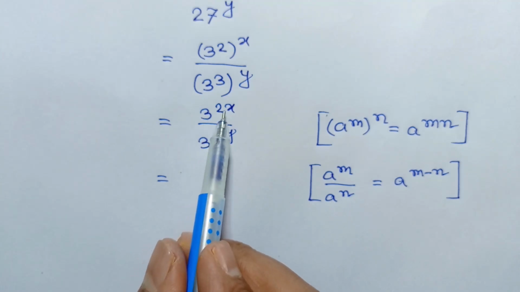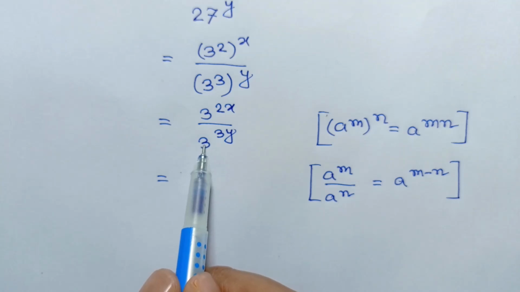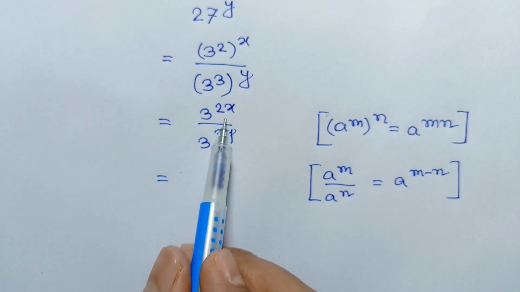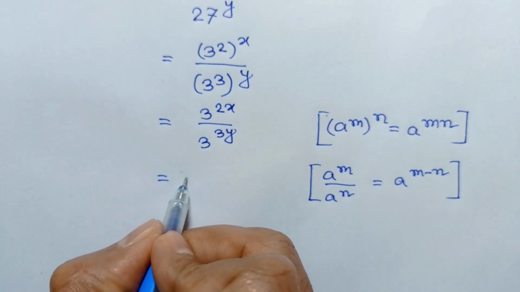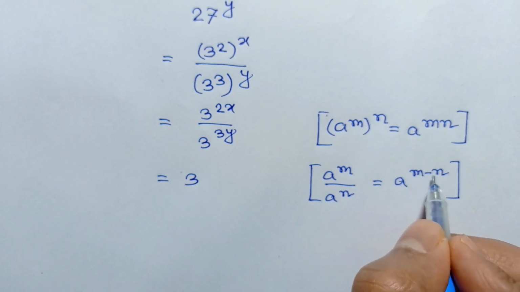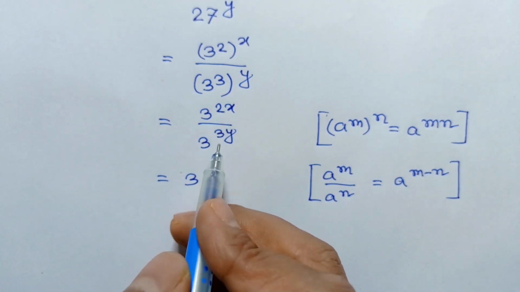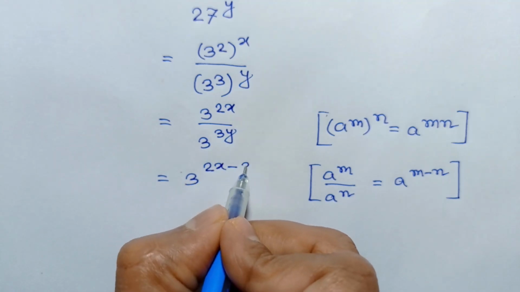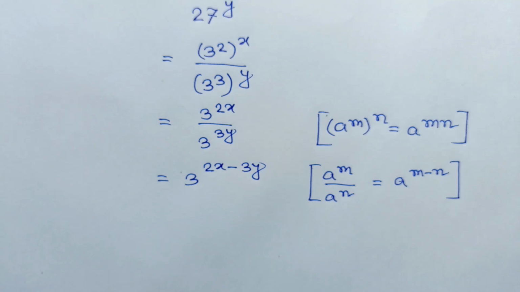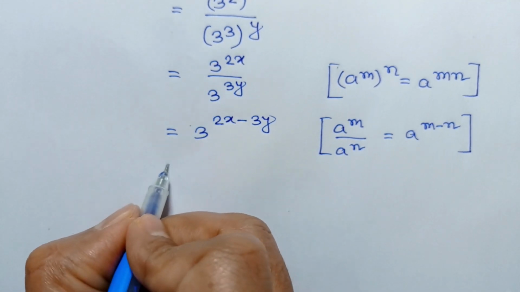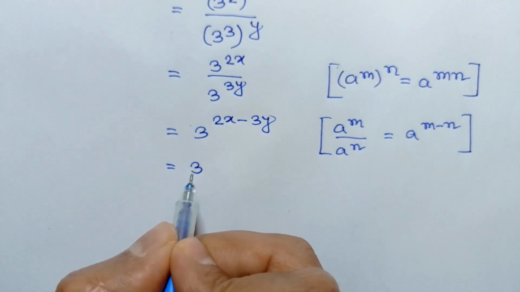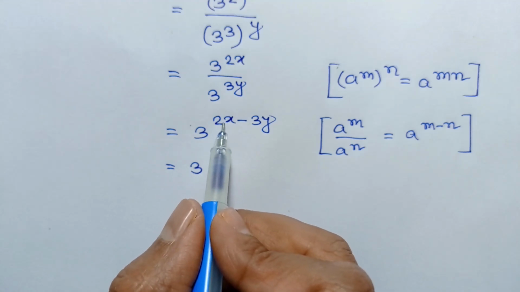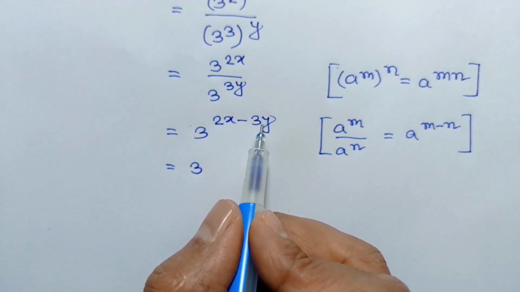So 3 to the power 2x over 3 to the power 3y can be written as 3 to the power m minus n, means this 2x minus this 3y, is equal to 3 to the power 2x minus 3y.